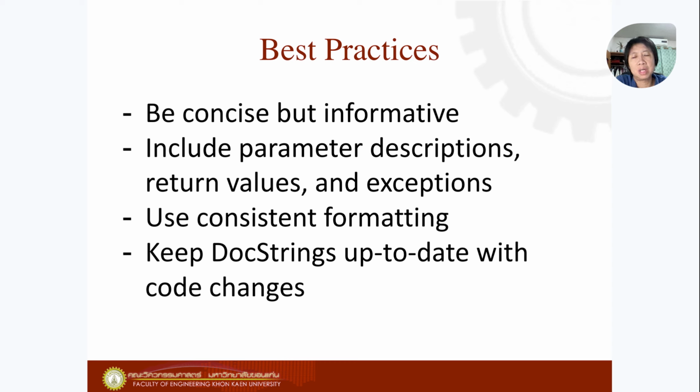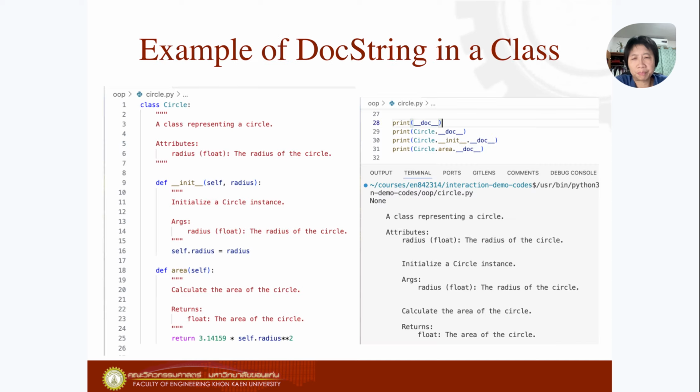Concise means not writing anything that is not useful or relevant to what we are doing. Also include parameter descriptions, return values, and exceptions. Use consistent formatting. Keep the docstring up to date with code changes.